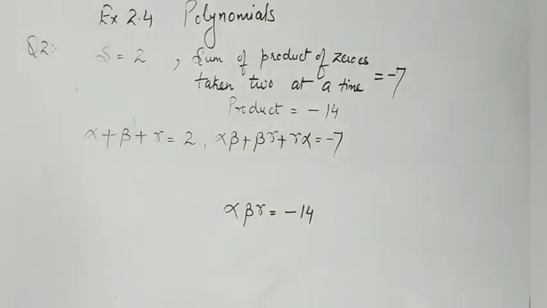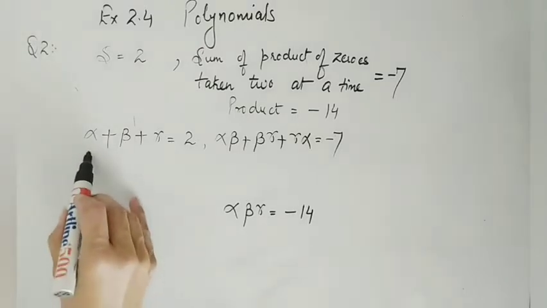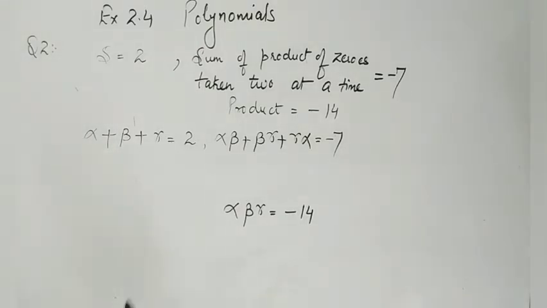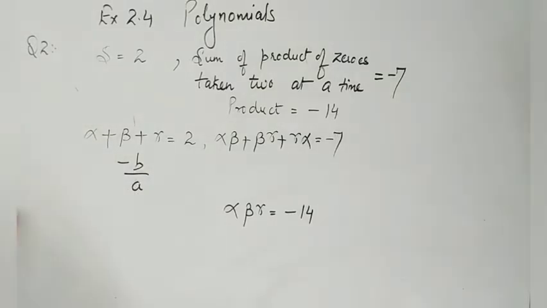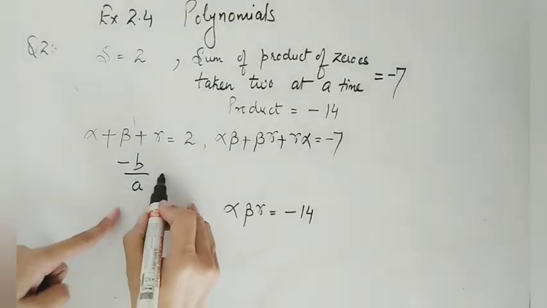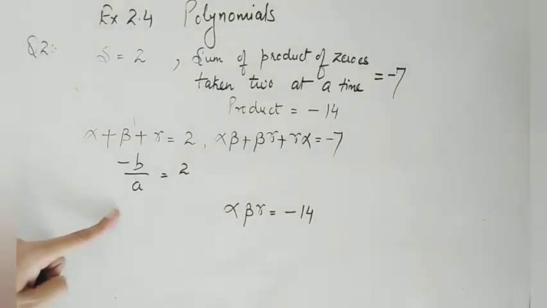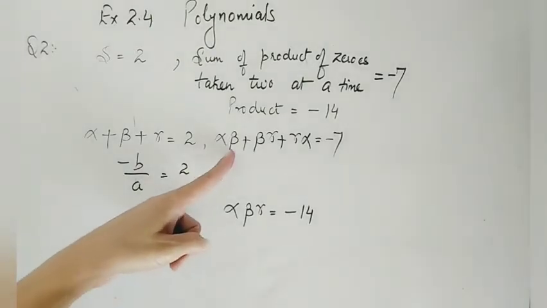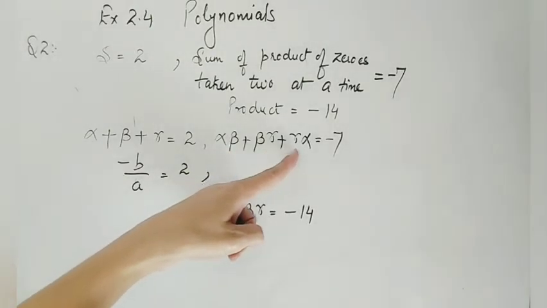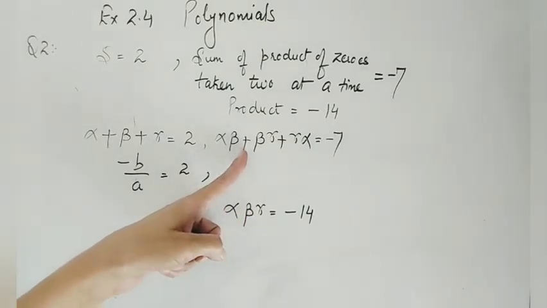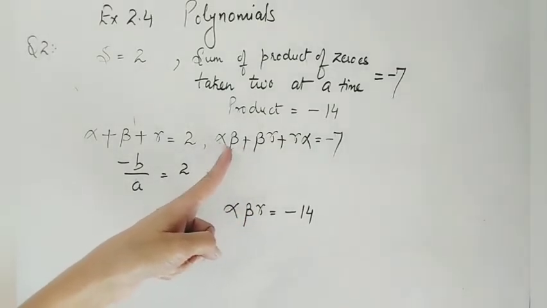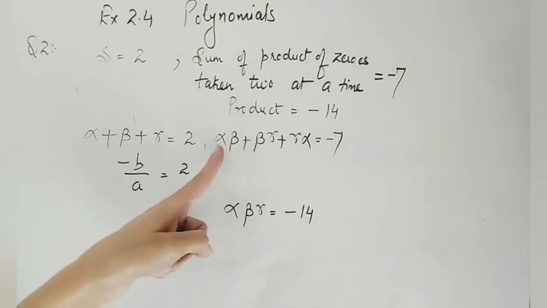Now if you remember, in the video we have done the complete derivation. Sum of zeros of a cubic polynomial is represented by minus b by a. So minus b by a is 2. Then alpha beta plus beta gamma plus gamma alpha, what is it? This is the sum of the product of two zeros taken at a time.